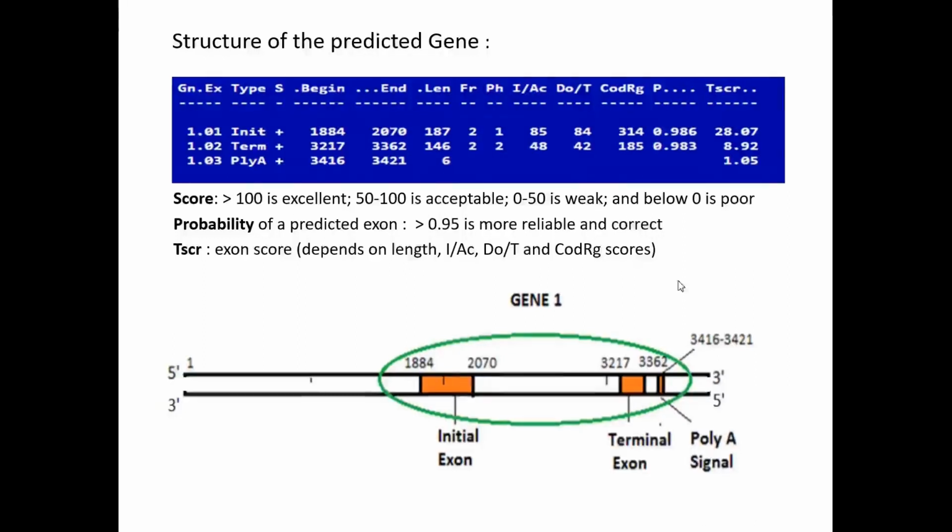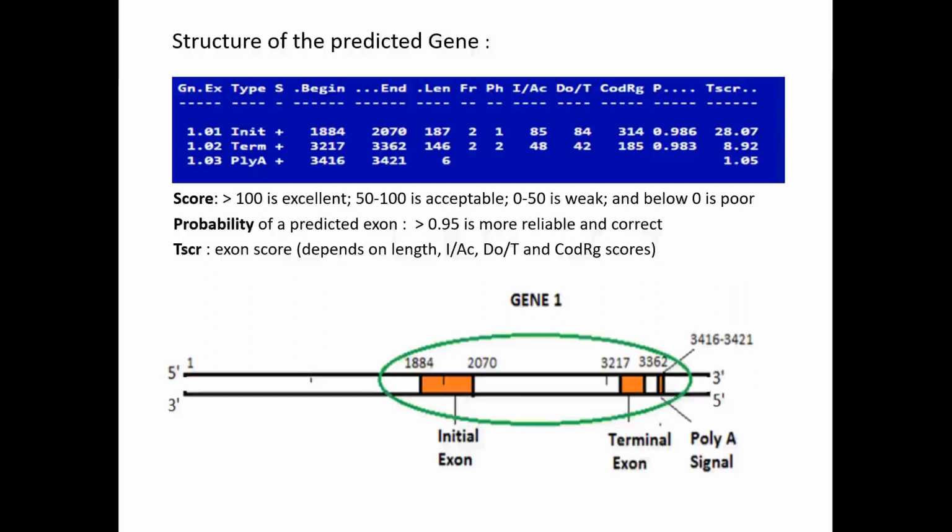Now let's talk about suboptimal exons. Those are predicted exons which have an acceptable score and a high probability, but are not in the order of the gene structure. We know that the initial exon will always be followed by internal exons, then the terminal exon, and then the poly A signal will come.